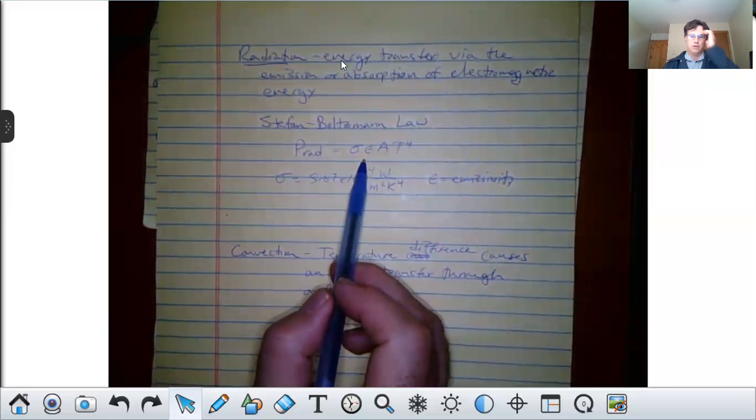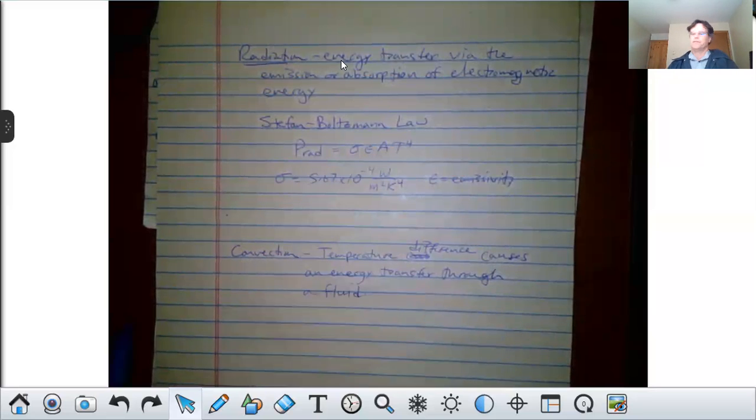So again, I'm not going to go into great detail on this. The one thing that's interesting is studying thermodynamic problems involving radiation was really the starting point of quantum mechanics. So when we get to Physics 223, we might come back to discussing radiation energy transfer through electromagnetic waves.